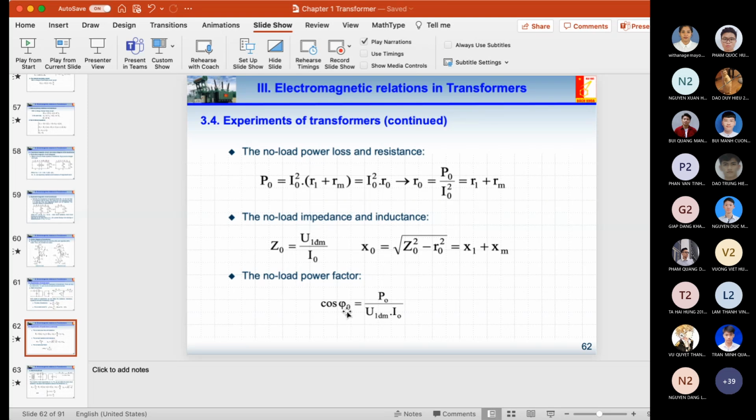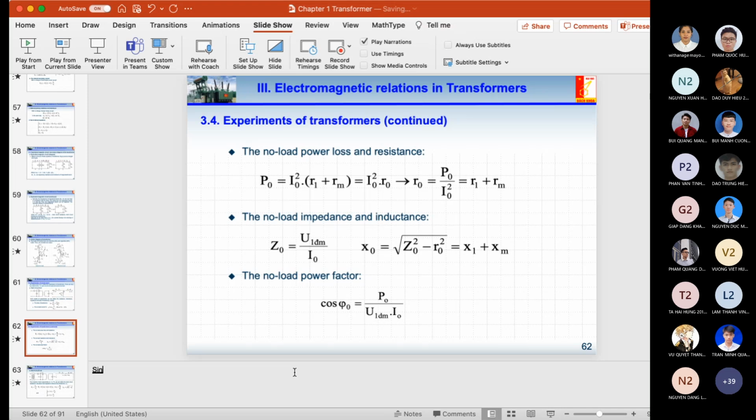On the other hand, when the cos phi is low, it means that sin phi is higher. Why is that? Because we have cos squared phi plus sin squared phi equal to 1. You know that expression.